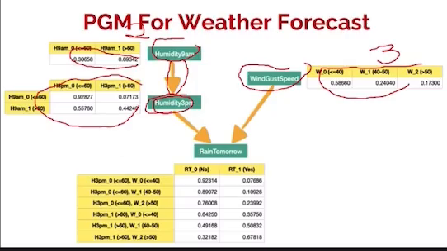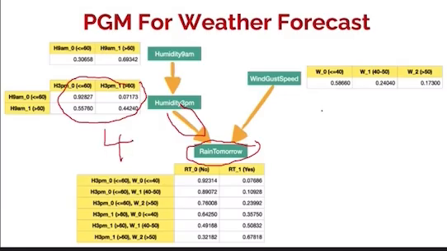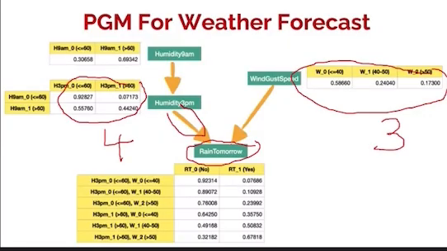Now, I want to talk about rain now. And 2 arrows come to rain. Okay? This arrow that comes to rain, how many do you have here? Because this is 4, right? Now, how many do we have here? This is 3, right? Now, this rain, 2 arrows come to the rain, the one from the humidity at 3 p.m. and the one from wind speed.